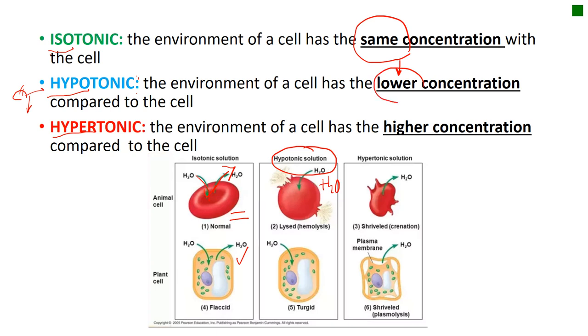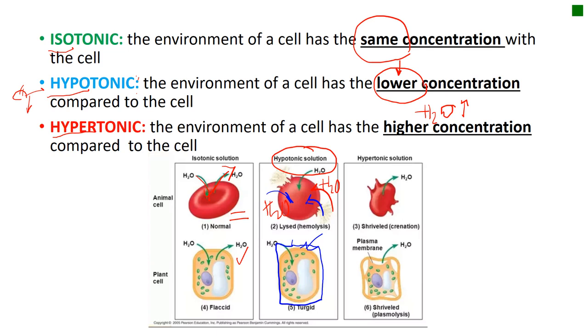Remember, lower concentration means high amount of water. So there are so many water molecules outside that will rush into the cell and cause the cell to burst. Remember, this is a red blood cell. It doesn't have a cell wall to protect it. But plant cells have a cell wall, so they will be protected from bursting.